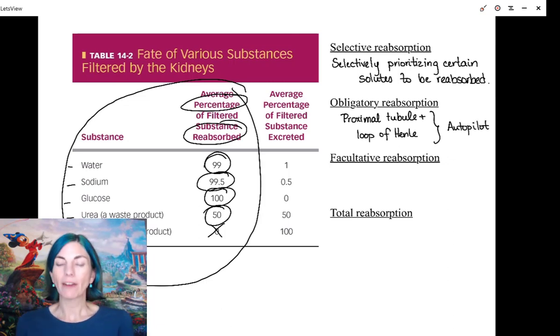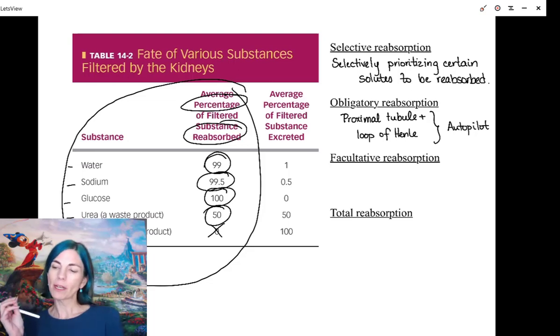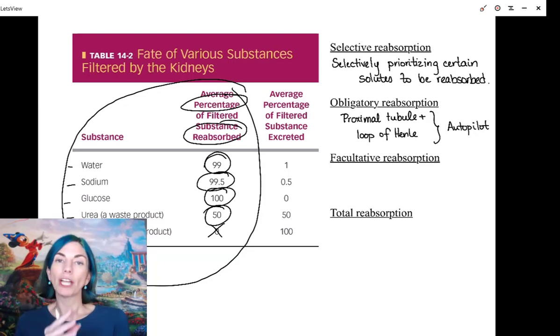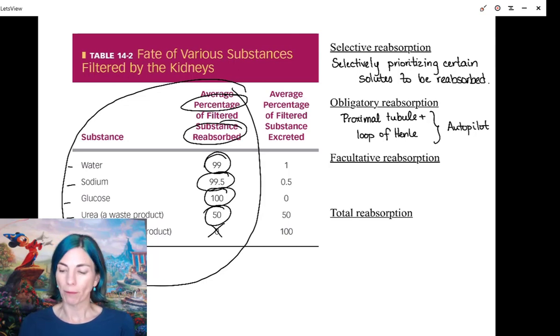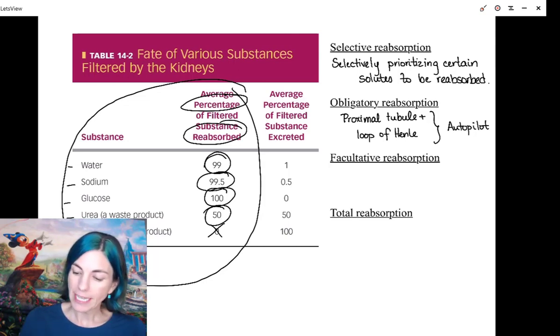Where facultative reabsorption is going to be reabsorption that you can vary. Do I want 10% of that sodium or do I want 30% of that sodium? Depending on your body's needs, which again is going to be coordinated through the use of hormones. This happens in the distal tubule and the collecting duct.